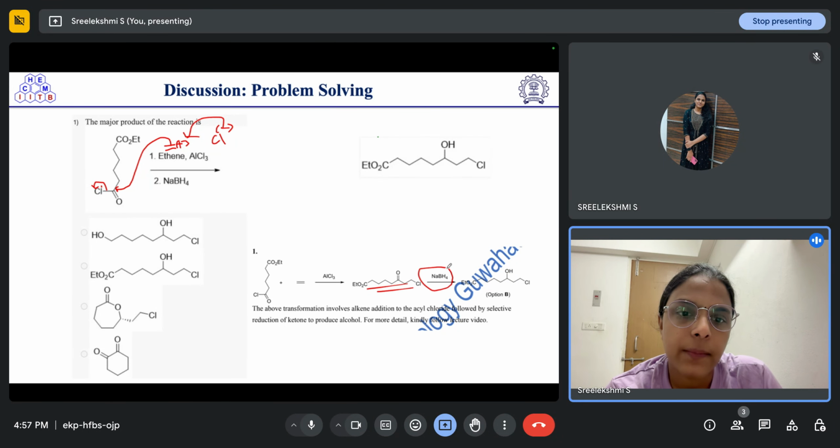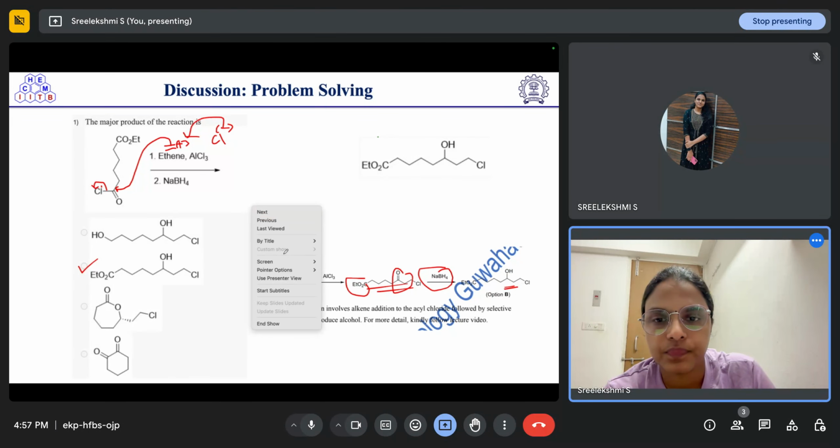Then in the presence of NaBH4, which will not reduce ester, only this keto group will be reduced to give this compound. So the correct answer is option B.